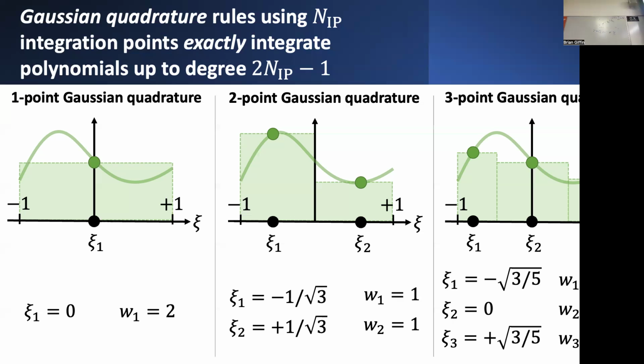So not only are we playing with the actual position of these integration points, we're also playing with the width of the integration rectangles, if you like, to come up with a better or optimal way of evaluating the integrals. But how do we actually determine what those integration point positions are and the corresponding integration weights or the widths of those intervals? How do we determine that?